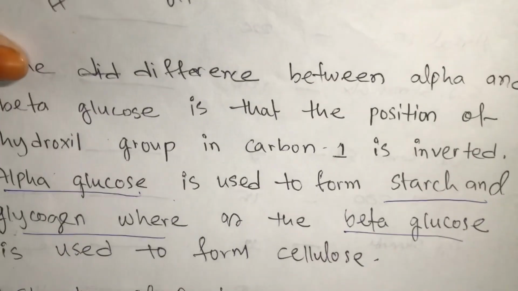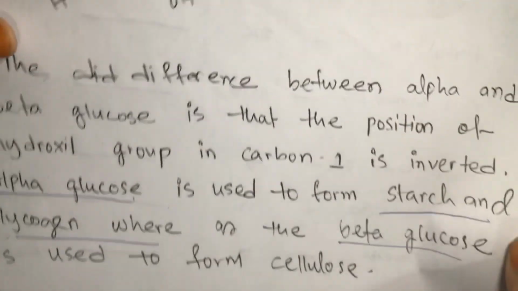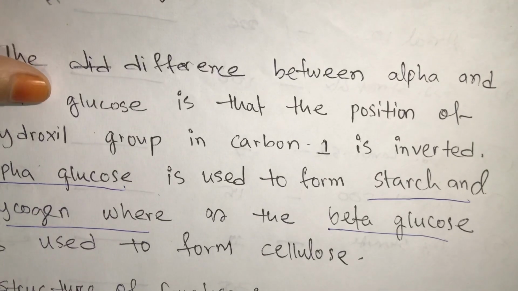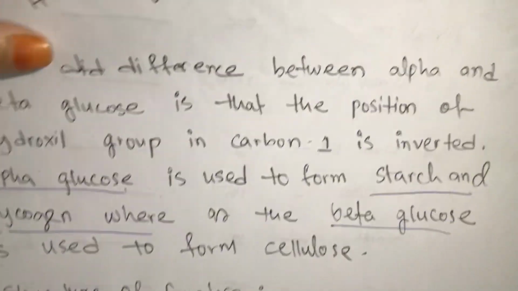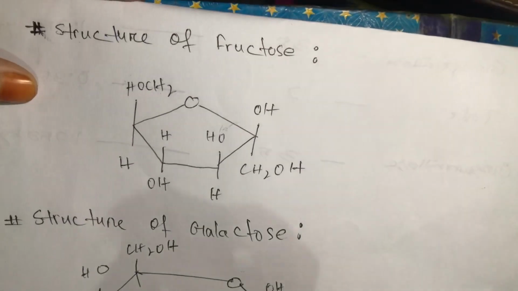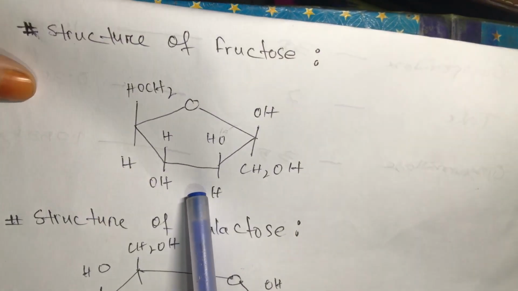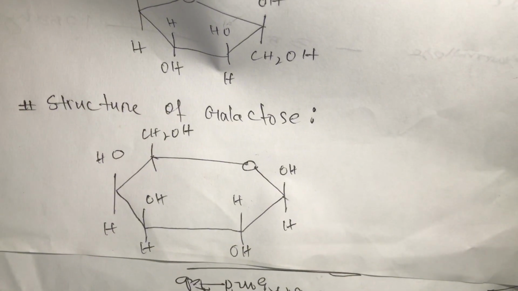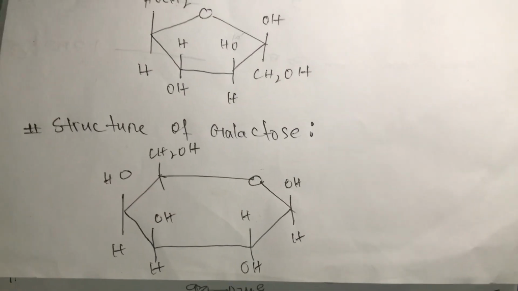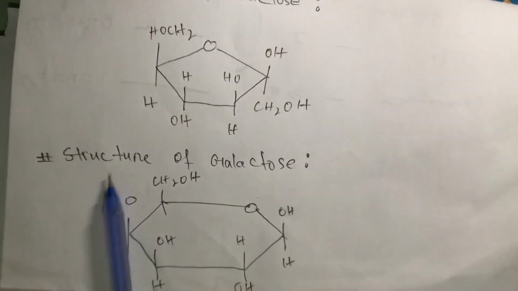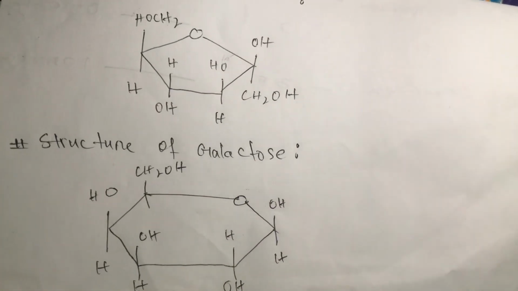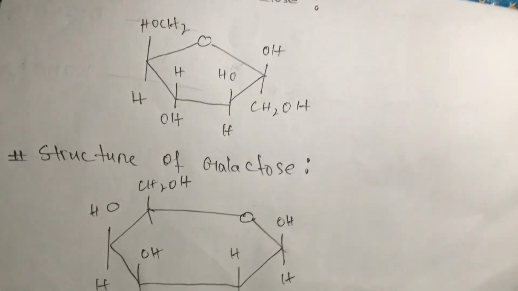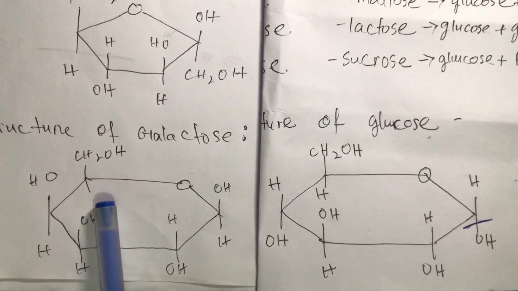Now I'll just show you two more structures of the monosaccharides. This is the structure of fructose and this is the structure of galactose. So what is the difference between the structure of galactose and glucose, because they look really similar, unlike fructose?